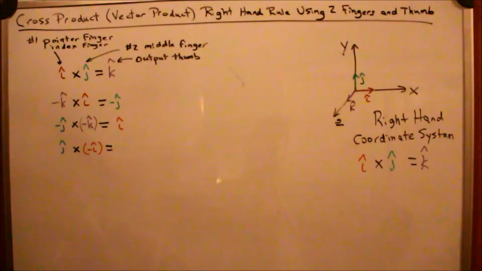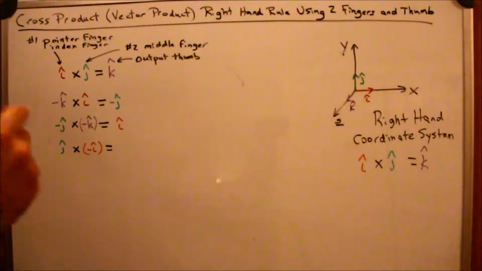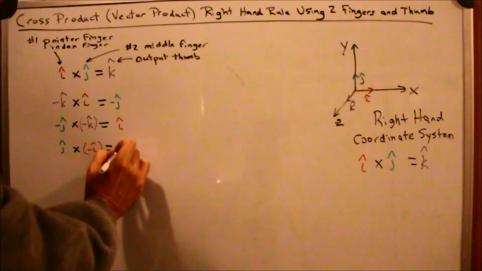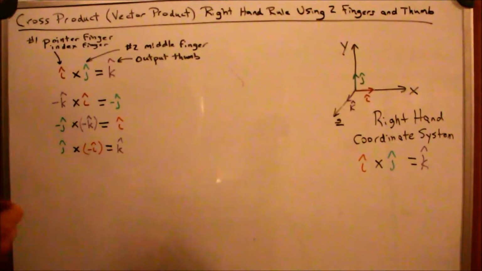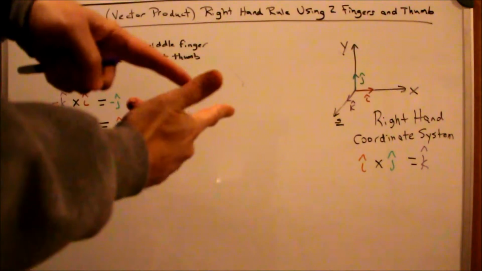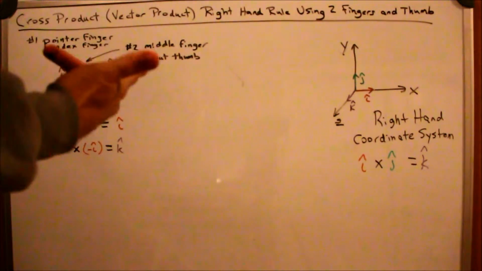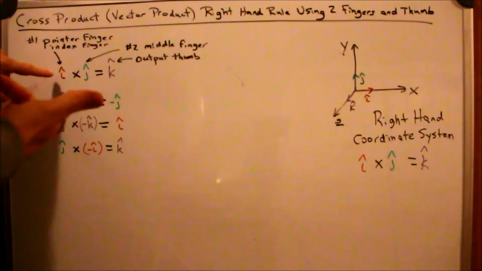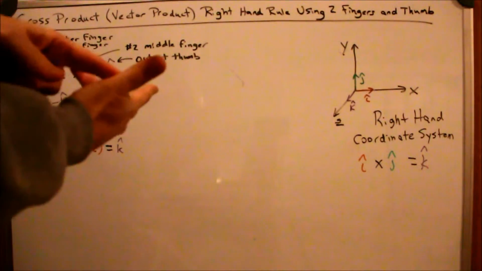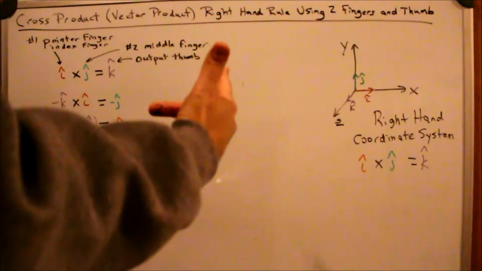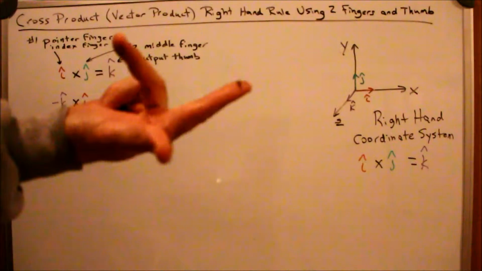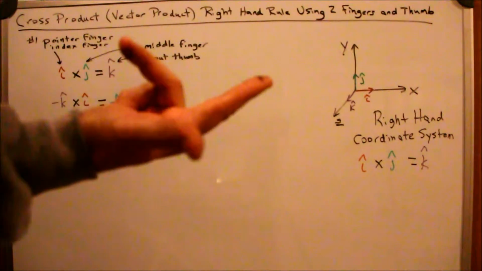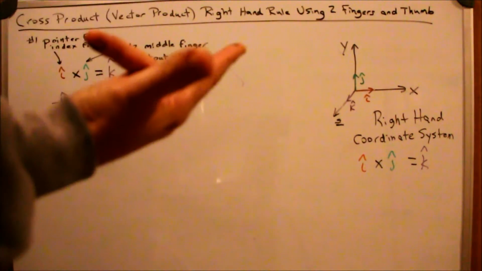So the answer for this problem is positive k hat. That's how you use your 2 fingers and thumb methodology. Always remember that order matters. This finger goes with this one, this finger goes with this one, and your thumb. Keep your hand such that the 2 fingers and the thumb are always 90 degrees from each other.